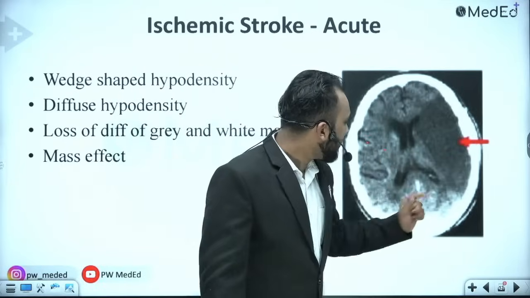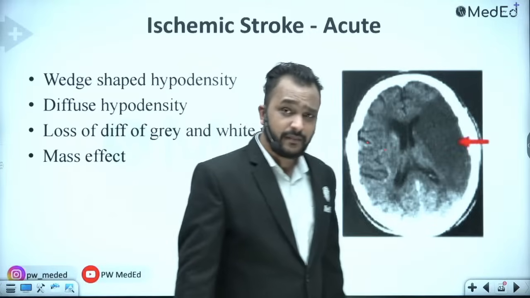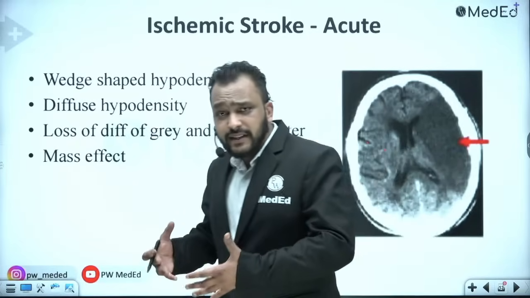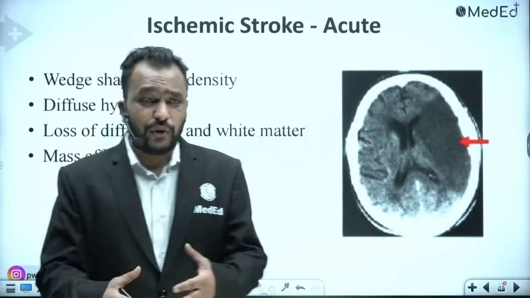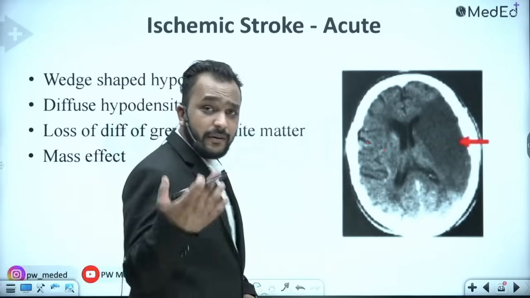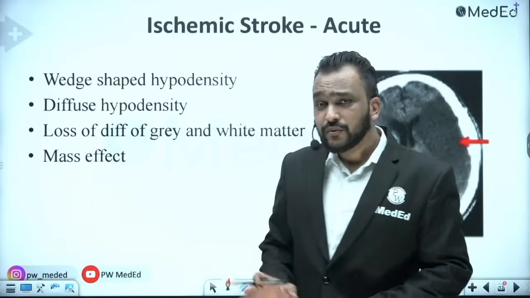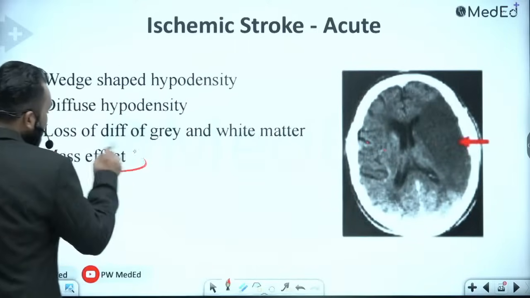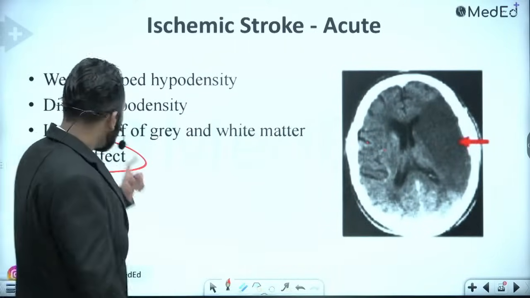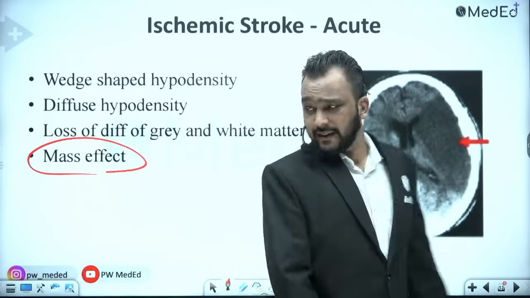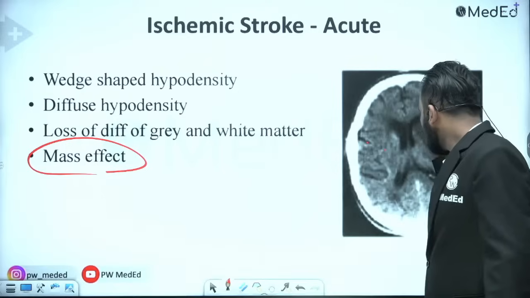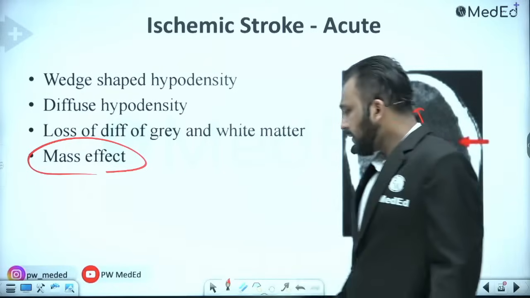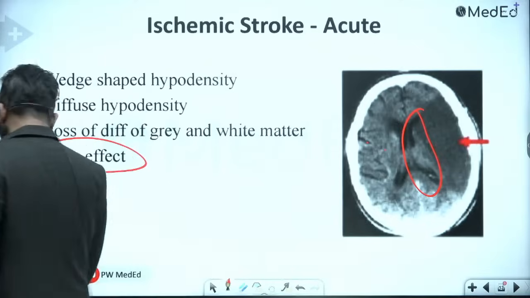And because there is some injury in the brain, it will get filled with fluid. There will be edema, and that edema is going to compress the adjacent structures. This is called mass effect. Here in this image you can see that this infarct is causing mild effacement of the left ventricle.